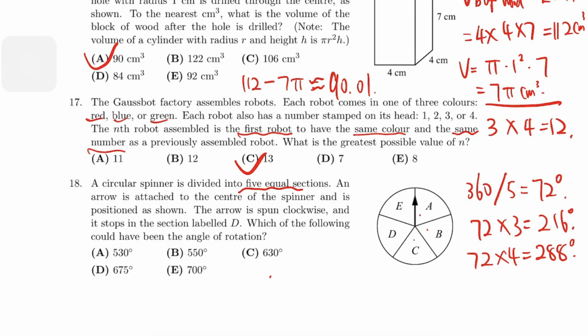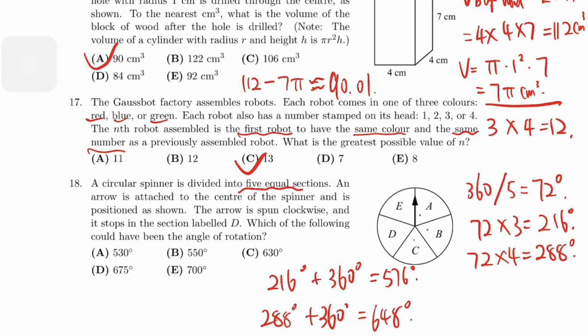So which means it rotates more than 1 clockwise, right? So in this case, the circle is 360. We can use 216 plus 360, which is 576, and 288 also plus 360, which is 648 degrees.